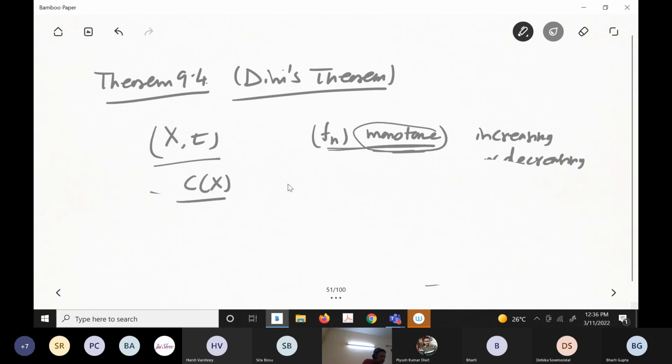Suppose each Fn is in Cx such that Fn converges to F pointwise in Cx.